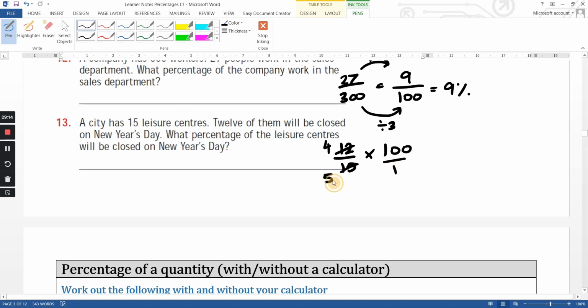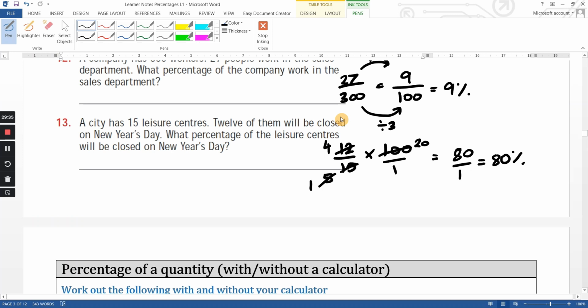Let's simplify diagonally as well. 5 goes into that once, 5 goes into that 20 times. So it's 4 times 20, which is 80 over 1, which is 80% for your answer.